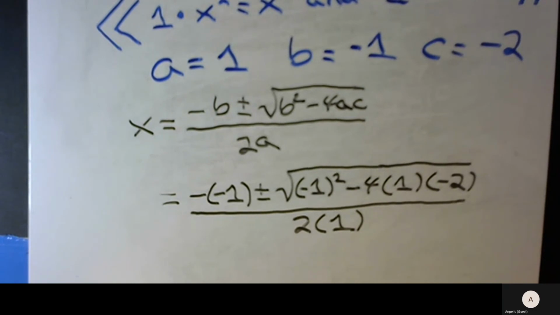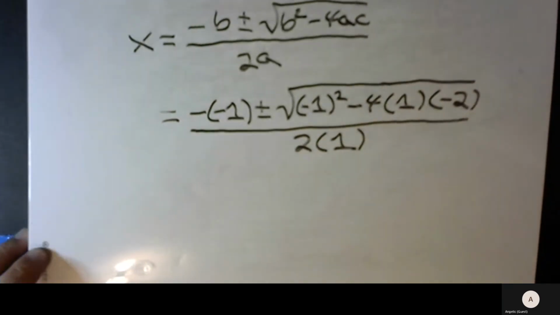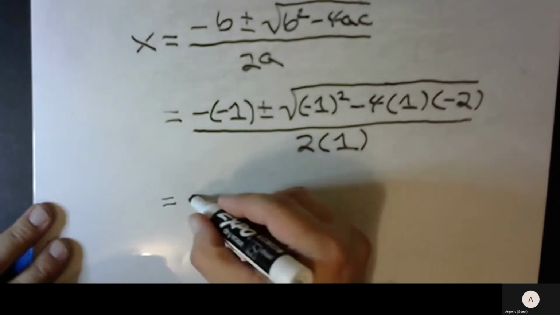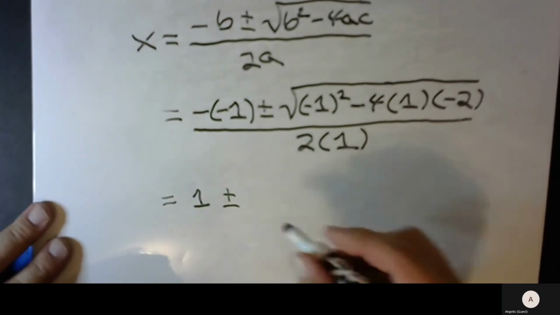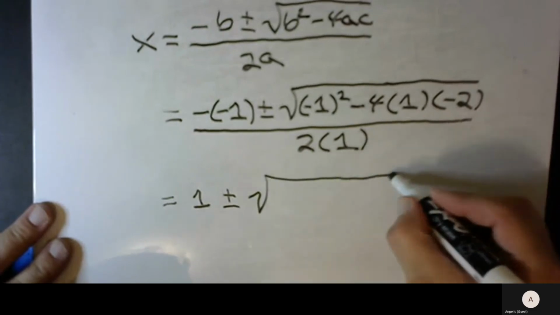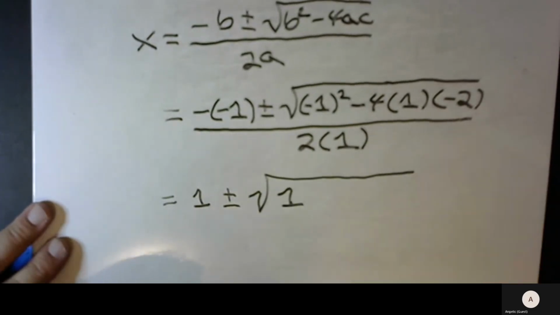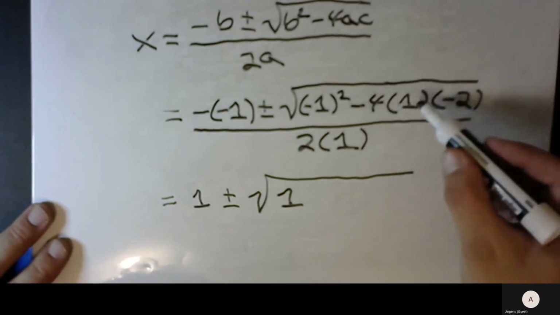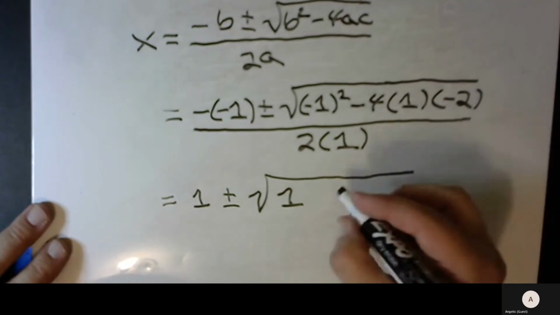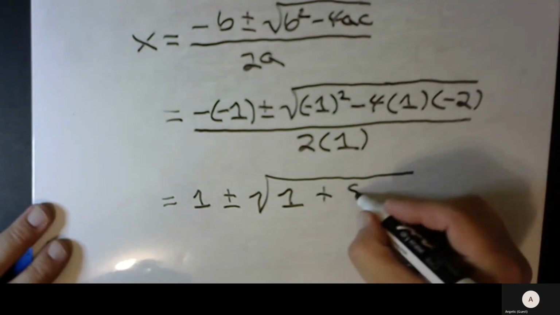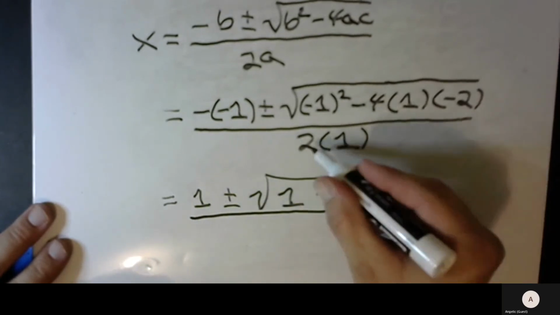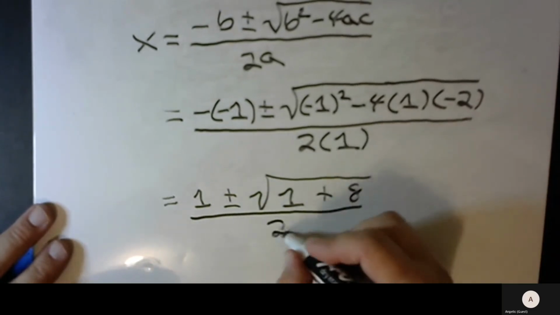Now, if we simplify, we'll have 1 plus or minus the square root of 1, because negative 1 squared is negative 1 times negative 1, or positive 1. Here we have a negative 4 times 1 times negative 2. That turns out to be a positive 8. Then 2 times 1 is 2.